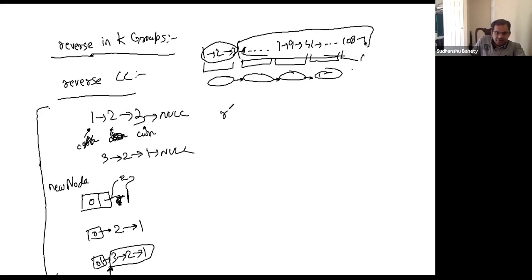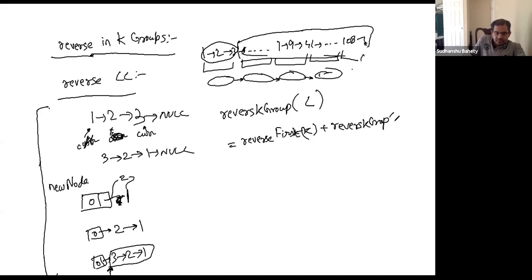Reverse k groups on a linked list of size L is equivalent to reverse first k, and then you call reverse k group on the remaining one, L prime, where L prime is all the elements after removing the first k elements.